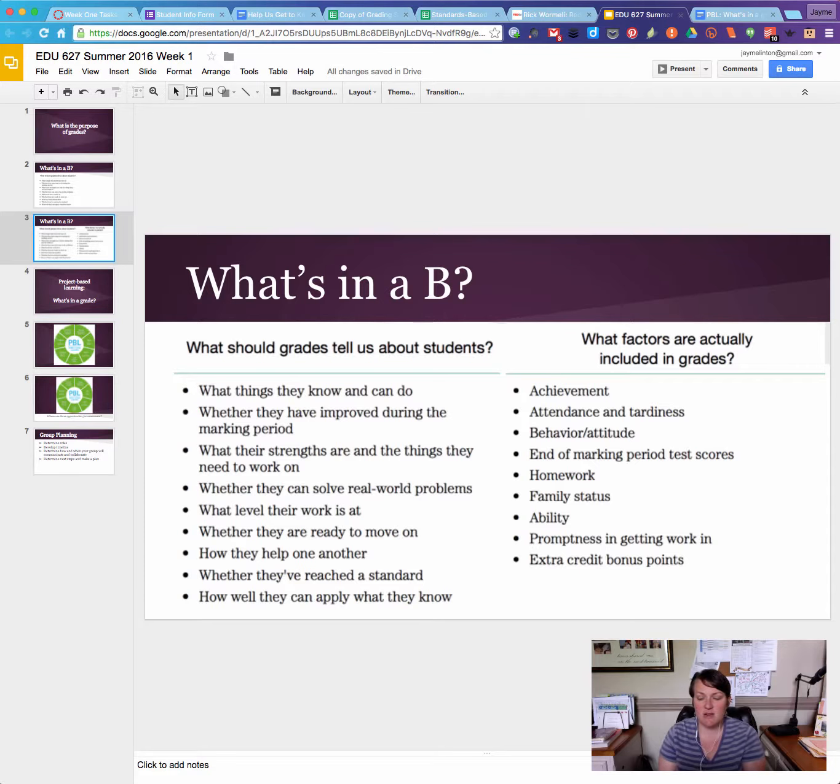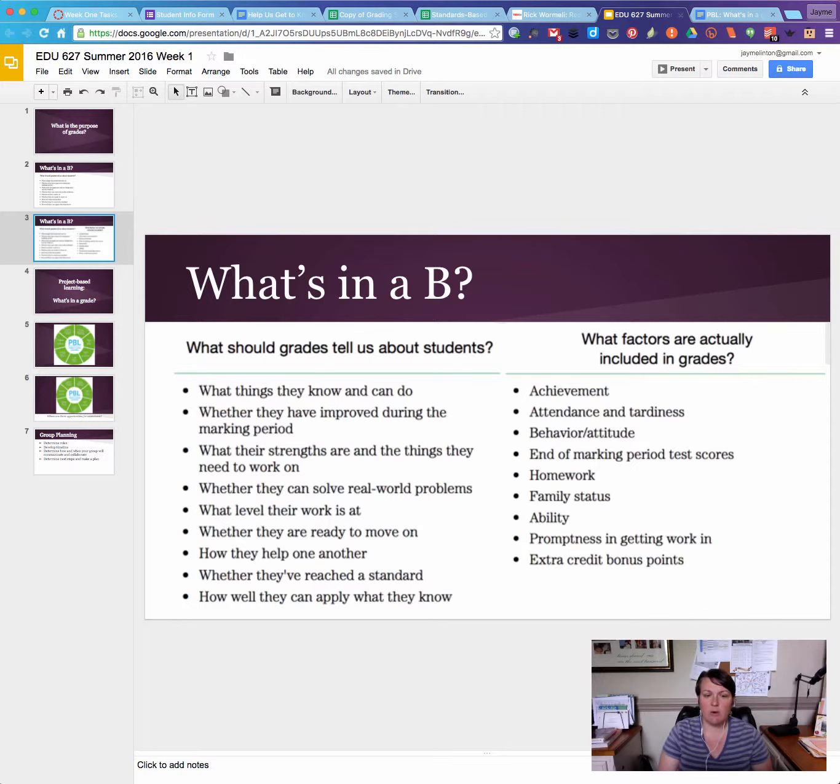Their parents understand English, speak English, and read English, and are able to help with homework. They have the knowledge and the skills to do that. And you have other children who perhaps have a single parent, or have parents who don't read English or understand English, or are just unable to help with homework. So in that way, the status of a family might influence student grades. Teachers also said that ability affects their grades.